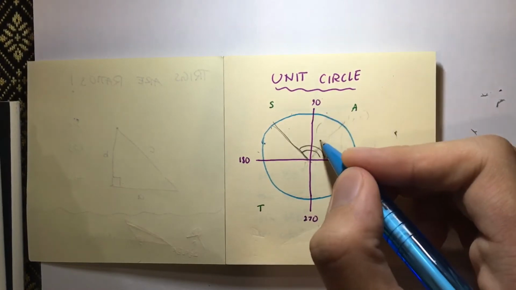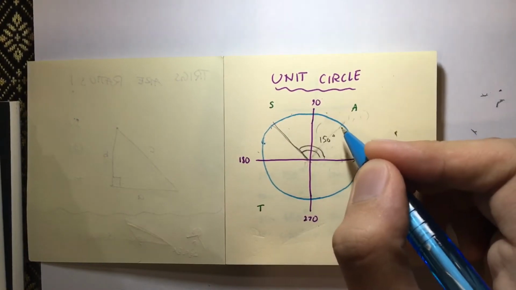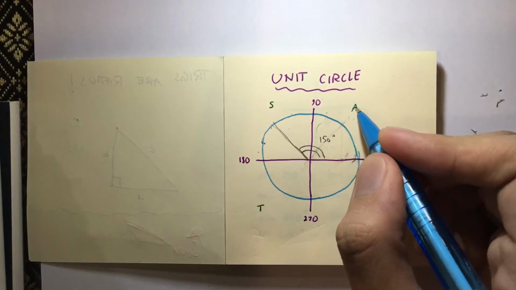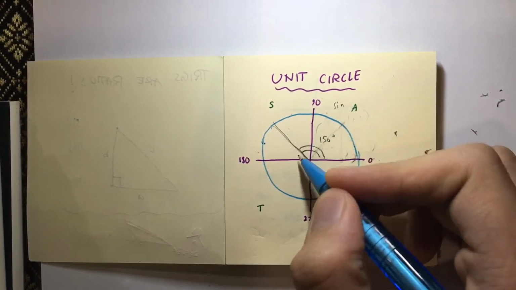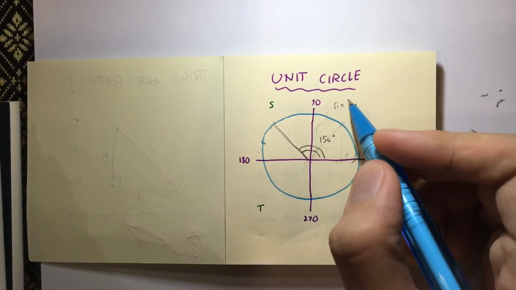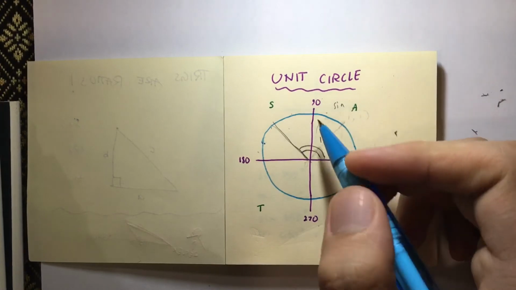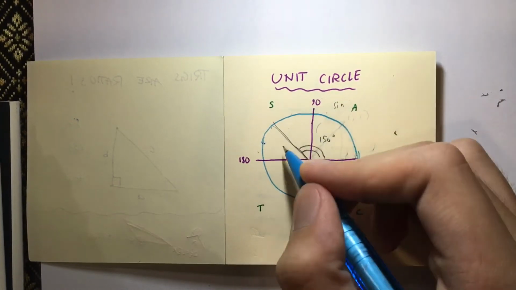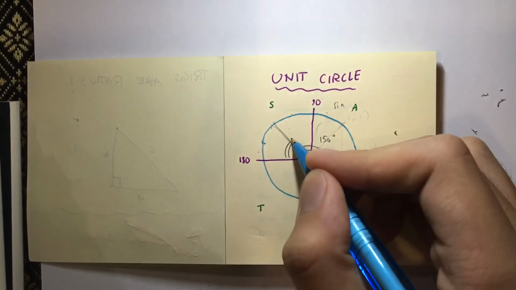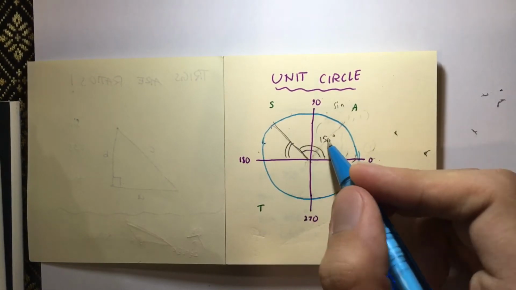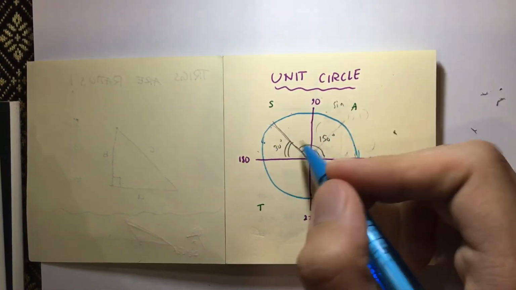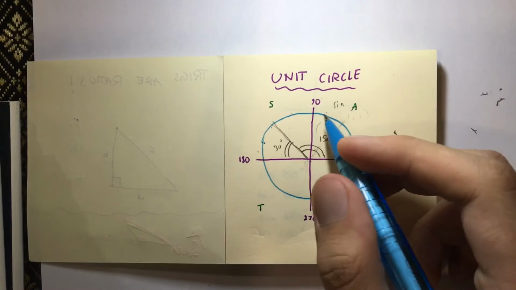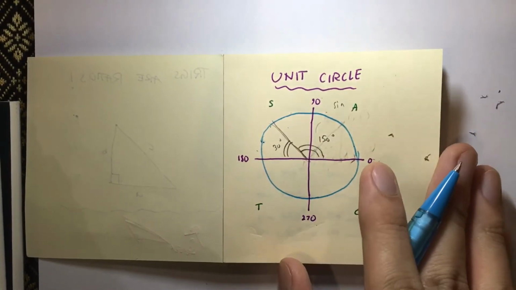So if this is, let's say, 150, I want to find the sine of 150. Sine 150 is actually the same as sine of this one. So this is 180 minus 150, you get 30. It's sine 30. So what are the rules for this? Well, I'll explain later on.